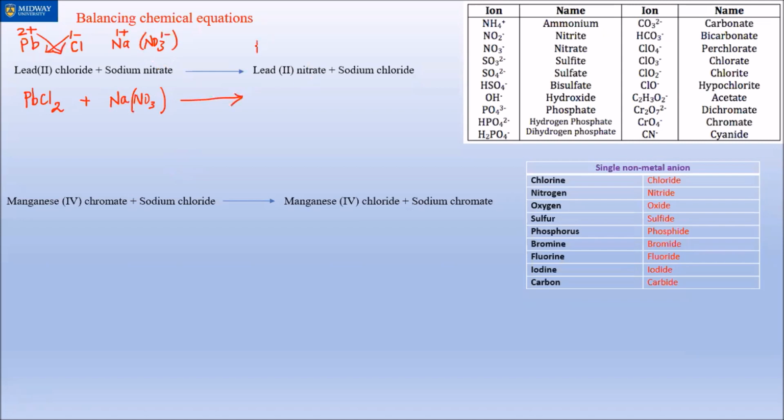Again, lead is Pb, and the 2 goes with the lead, so 2, and lead is a metal, so plus, and nitrate is NO3 1 minus, so I put this in brackets. So this is why I put it in brackets. Remember, the 2 comes out, don't put it next to the 3, and the 1 comes here.